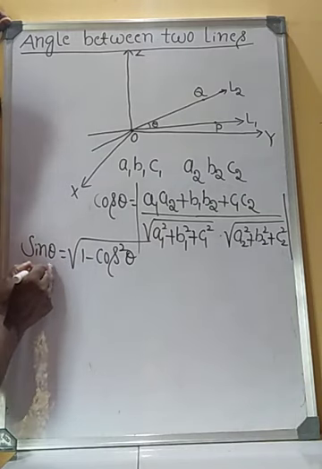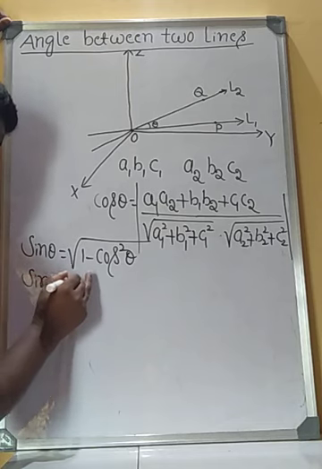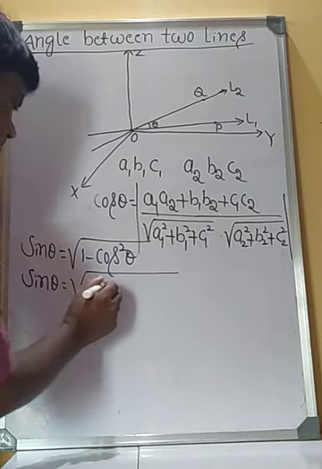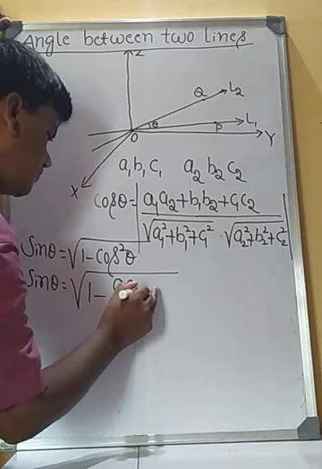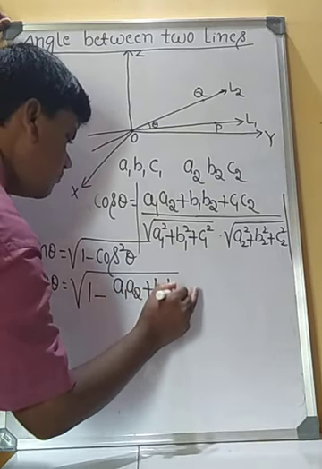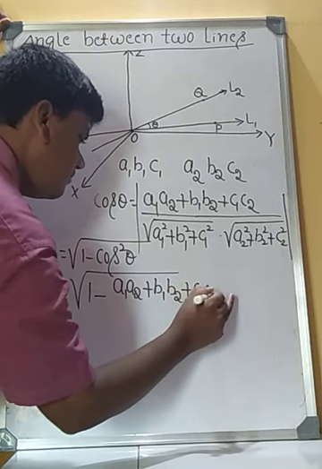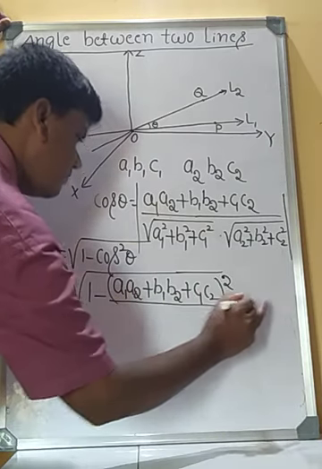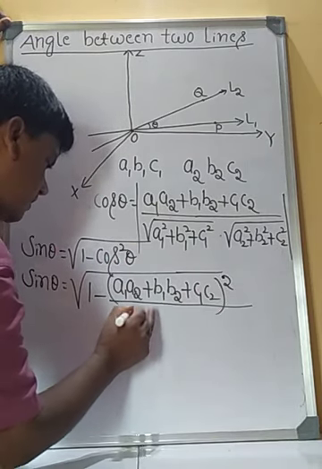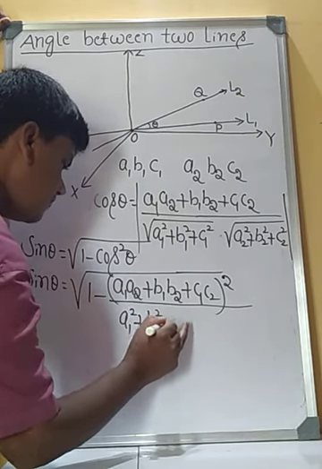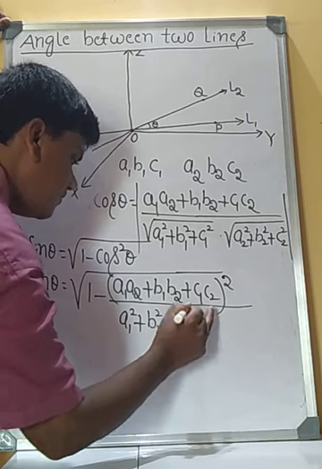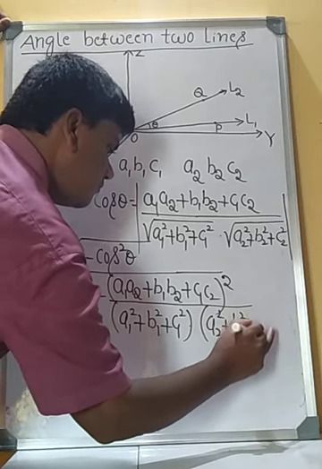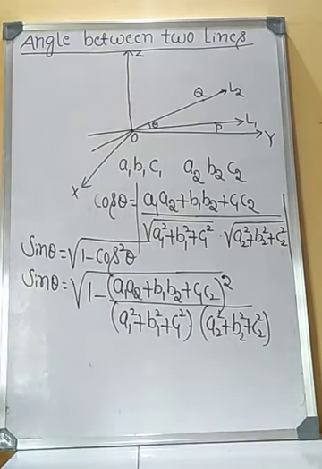So sin theta equals square root of 1 minus (A1 A2 plus B1 B2 plus C1 C2) whole square, divided by A1 square plus B1 square plus C1 square into A2 square plus B2 square plus C2 square.